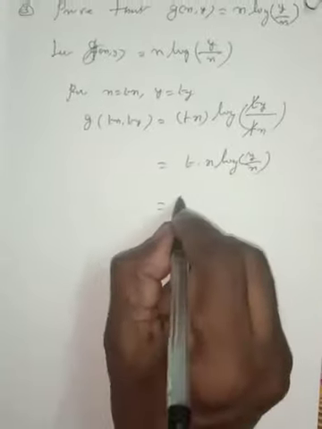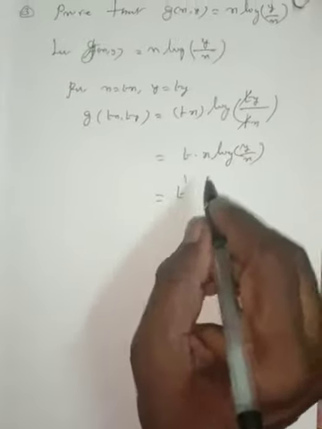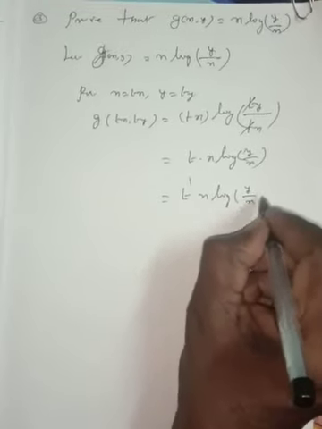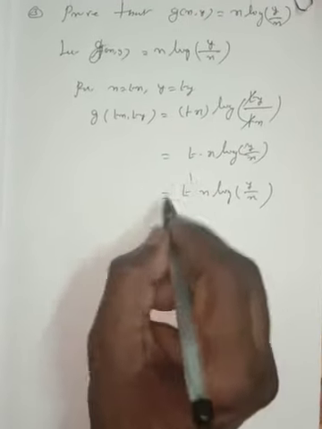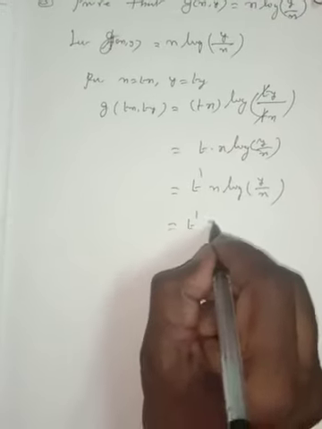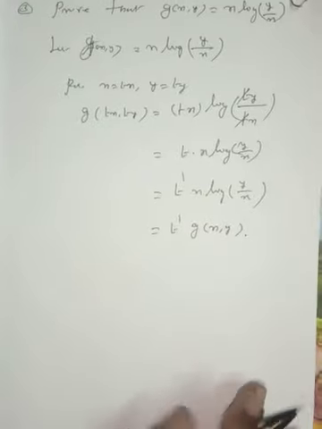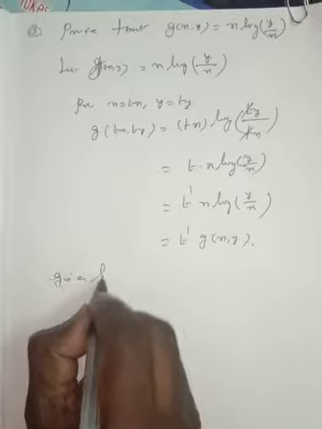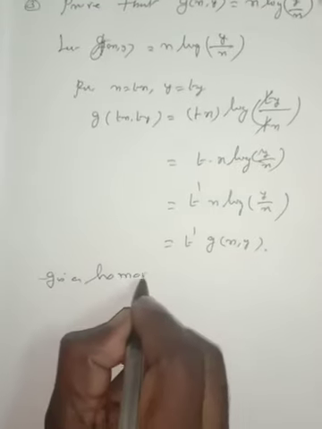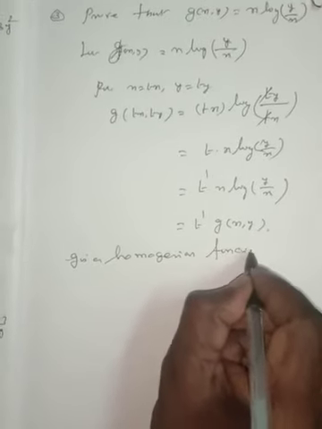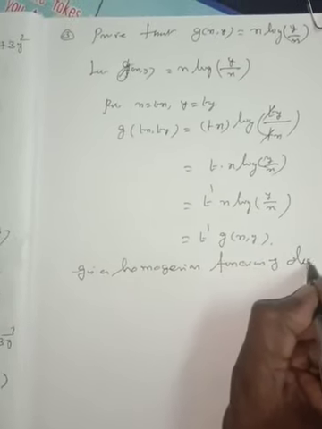This means t to the power of 1 times x log of y by x. Degree is 1, equal to t to the power of 1 into g of x comma y. g is a homogeneous function of degree 1.